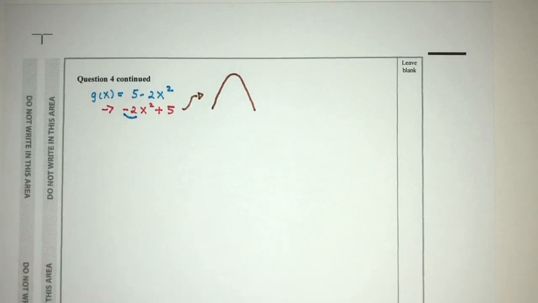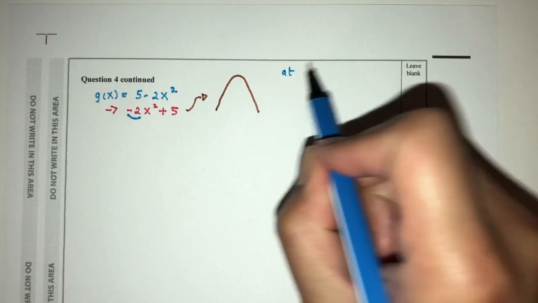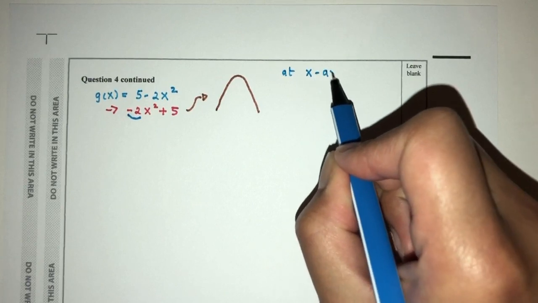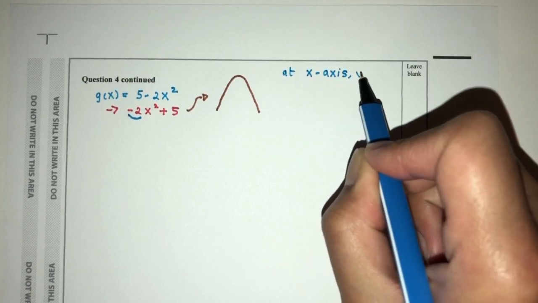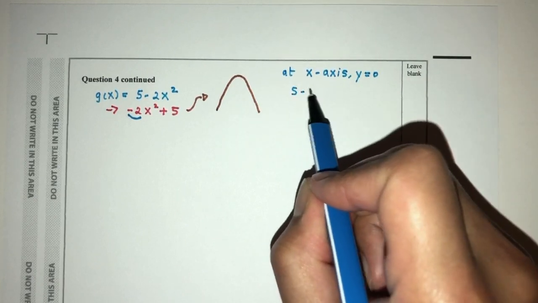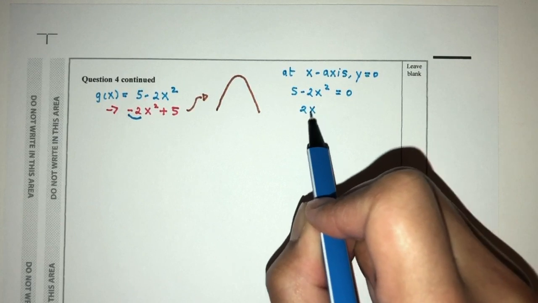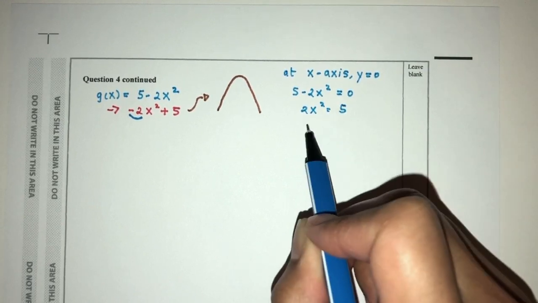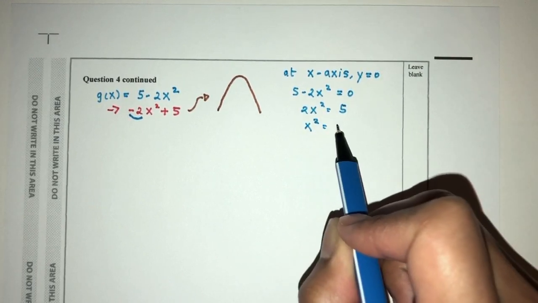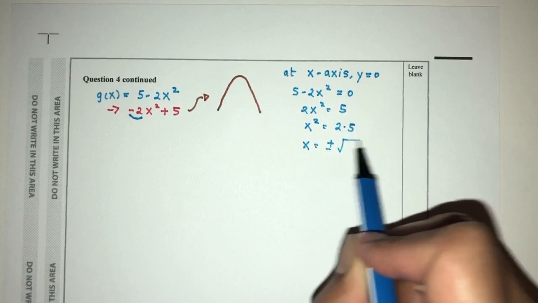That's the first thing. Now, we want to know where it cuts the axis, so let's see one by one. At the x-axis, what do we know about y? y has to be 0. y is simply g of x, right? That will be 5 minus 2x squared equals 0. So 2x squared has to be 5, x squared has to be 2.5, and x has to be plus or minus the square root of 2.5.